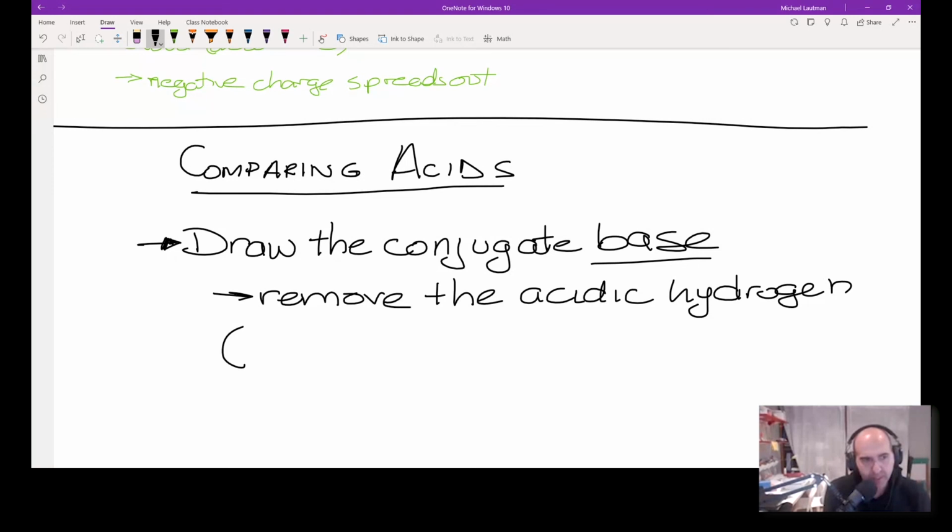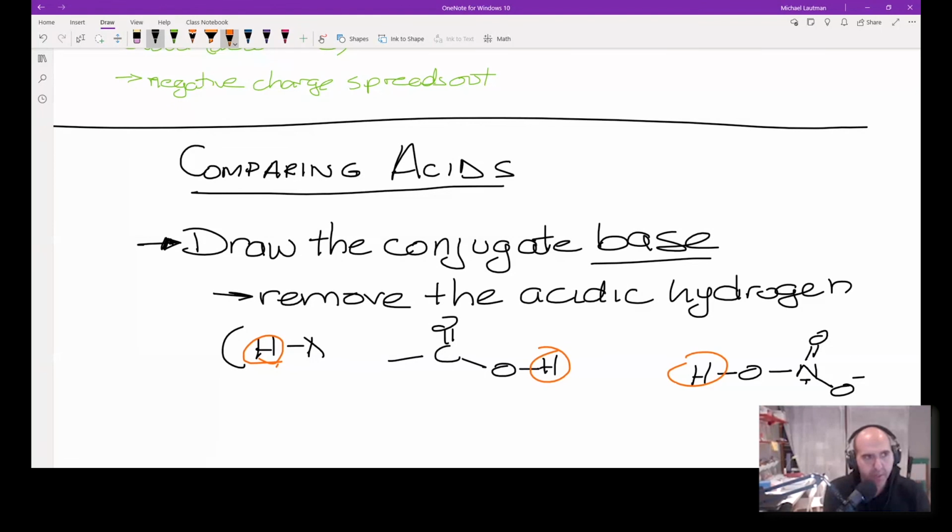So that means, if we have HX, or I don't know, if we had HNO3, for example, these would be the acidic hydrogens.